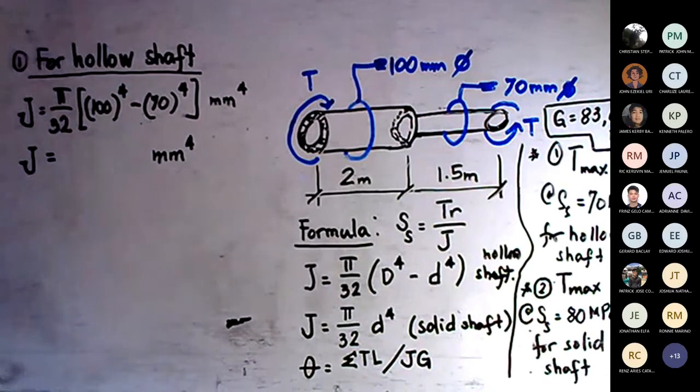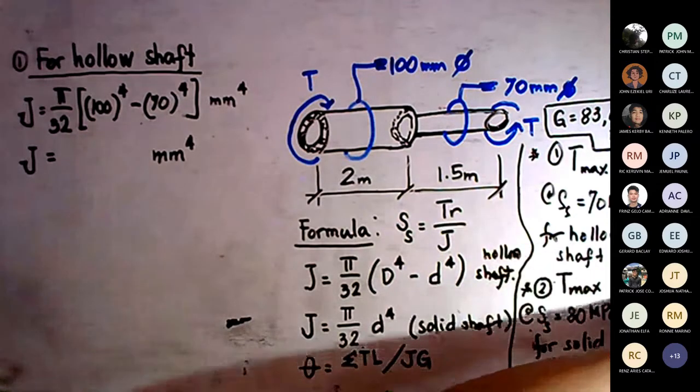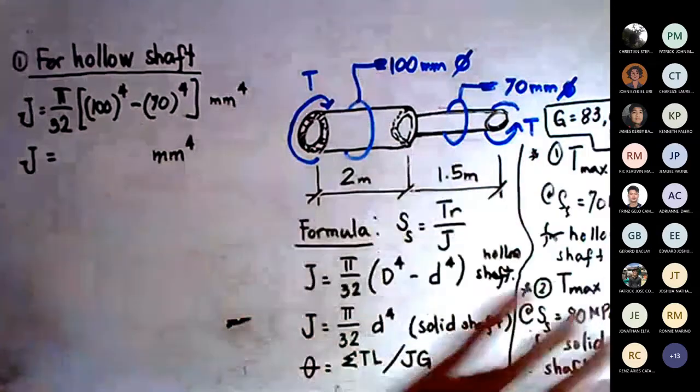So, we have 100 for the outside diameter, then for the inner diameter is 70, times pi over 32, divided by 10 to the 6. 7.46 times 10 to the 6th millimeter to the 4th.